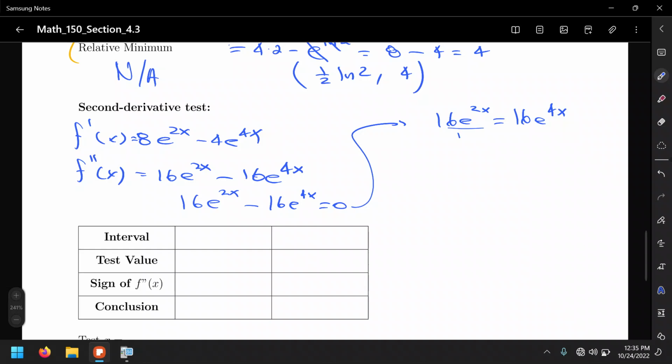Once we divide both sides by 16, we get e to the 2x equals e to the 4x. Now I can take ln on both sides, and we do that to cancel ln of e. So 2x equals 4x. Be careful how you solve this equation. How would you solve this equation?